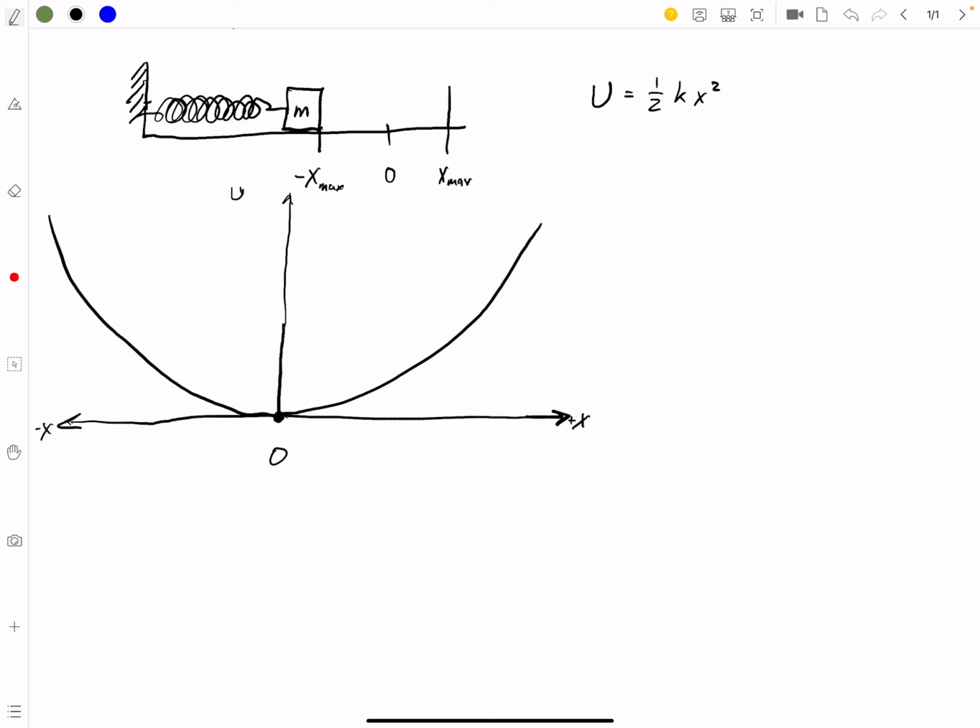So, this is the curve. U equals 1/2 kx squared.